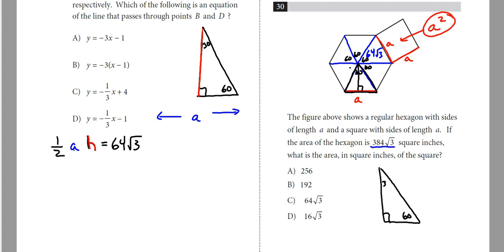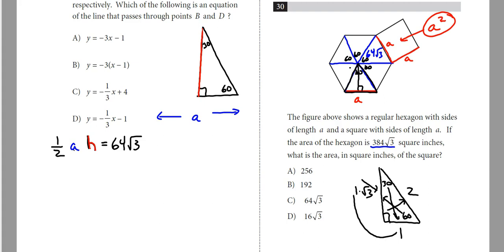The 30, 60, 90 ratio is: whatever the smallest side is across from the 30, let's say it's 1. The hypotenuse is exactly double that side, which makes sense because it's half of the equilateral triangle. But then the side opposite the 60 is always the smallest side times radical 3.